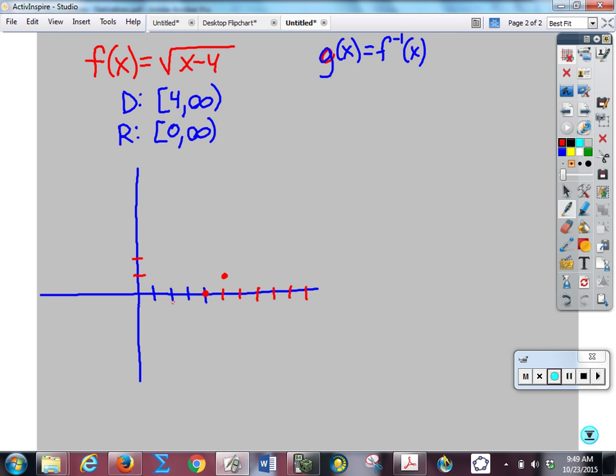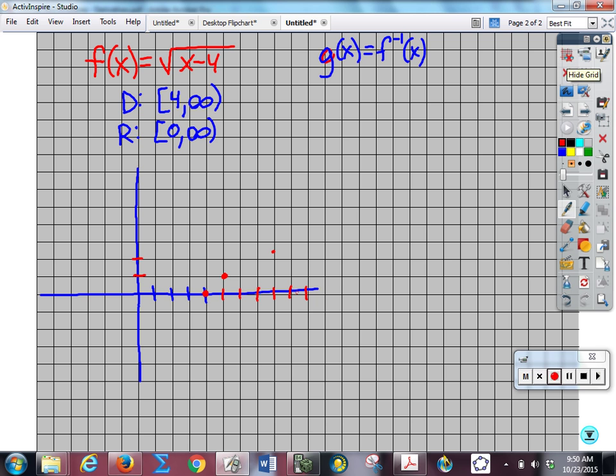If I plug in 8, I get 2. And we might as well plug in the next one, 13. Okay, so at 4, 5, 6, 7, 8, it's at 2, and at 13 it was at 3. That's probably good. This is what this looks like.